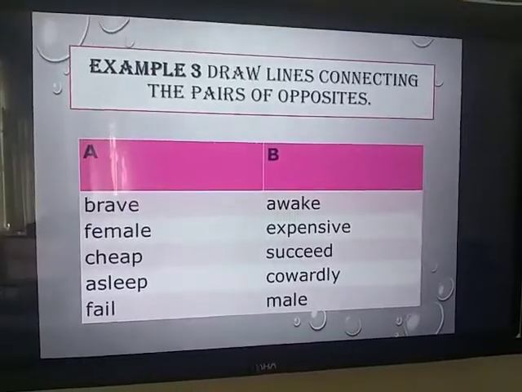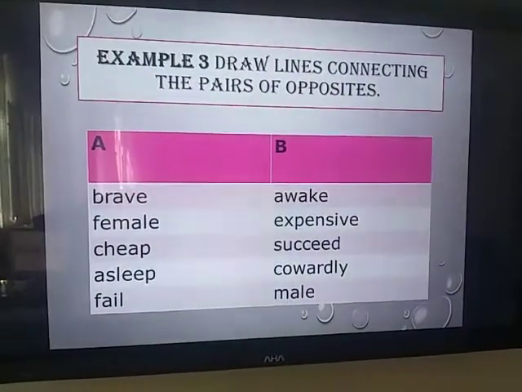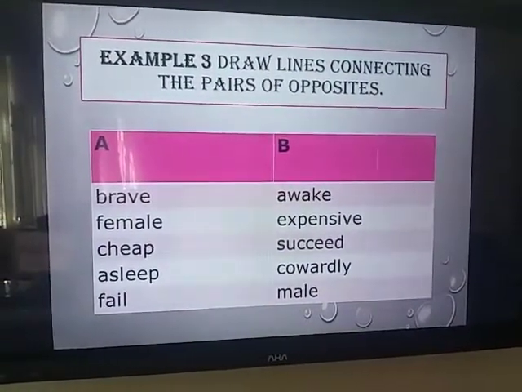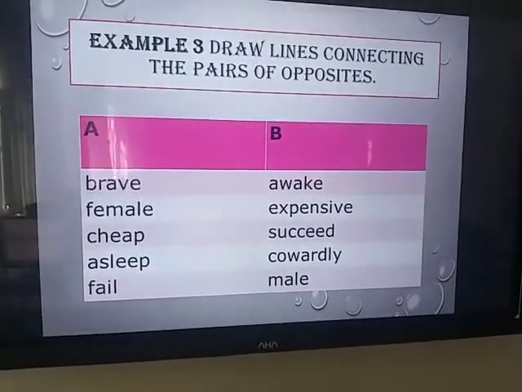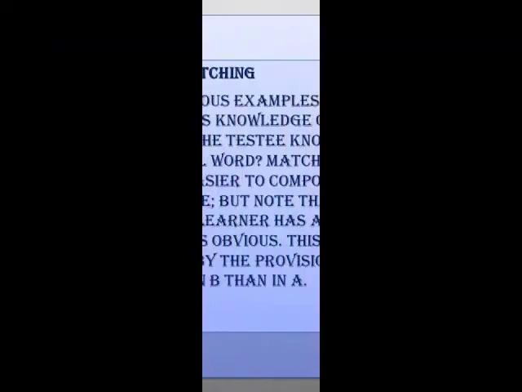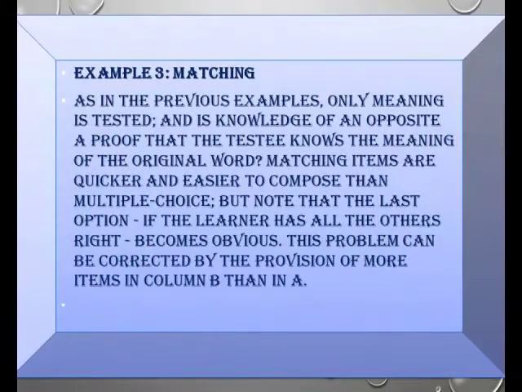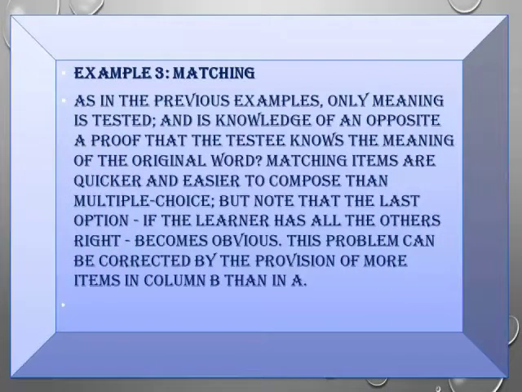The next example is matching. Draw lines connecting the pairs of opposites. It's according to antonyms. Example 3, matching. As in the previous examples, only meaning is tested, and is knowledge of an opposite a proof that the testee knows the meaning of the original word?